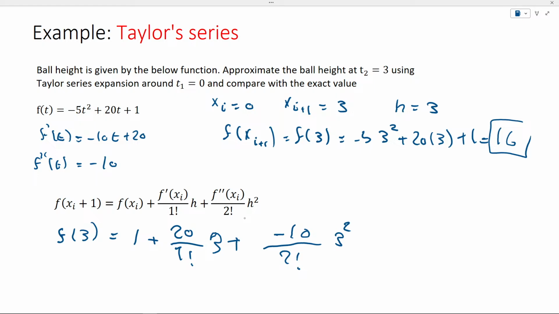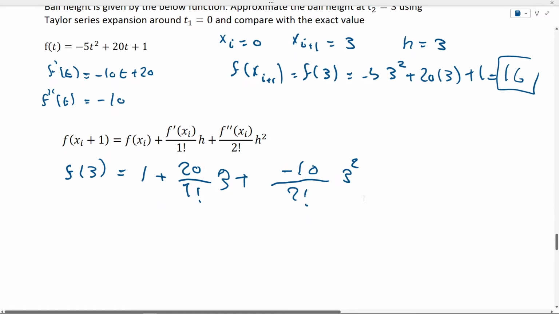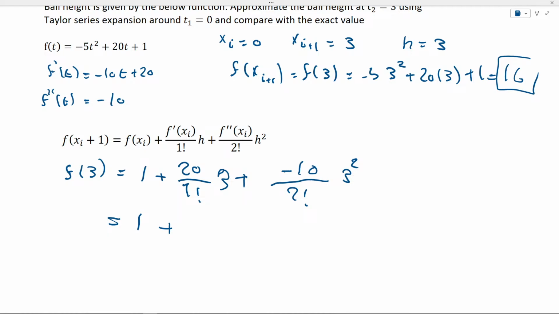From this term here, I get 1. From this term, I get 60.